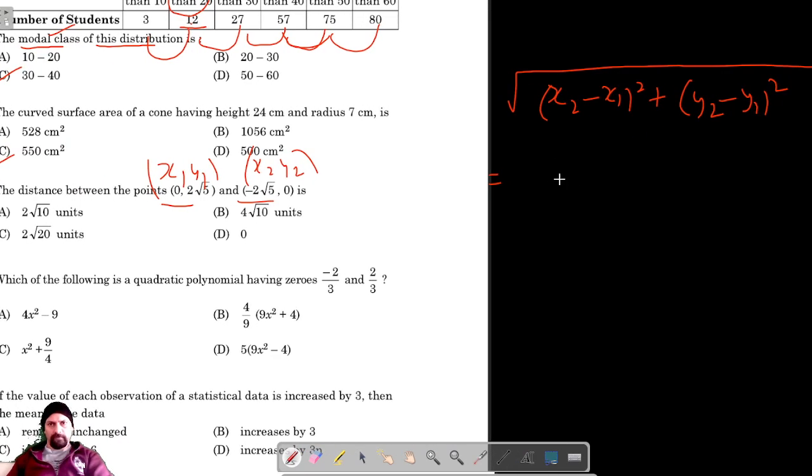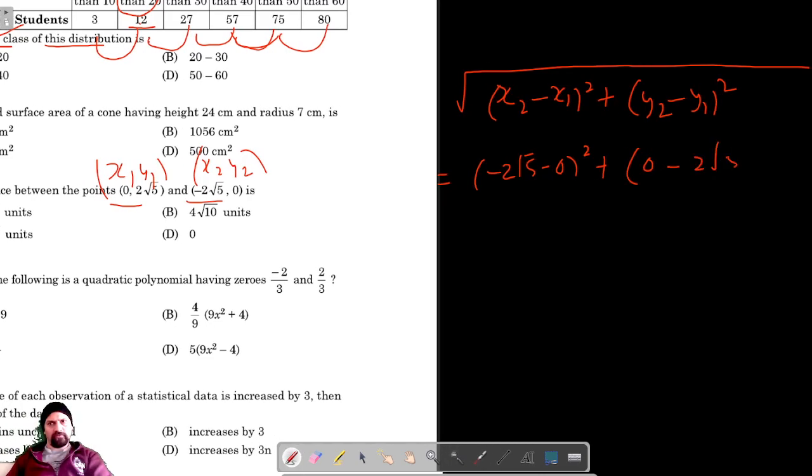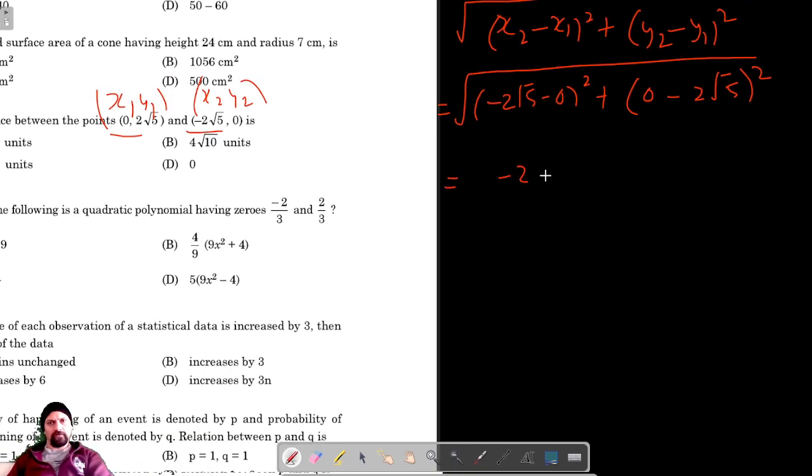So x2 minus x1 is minus 2 root 5 minus 0 the whole square, and y2 minus y1 is 0 minus 2 root 5 the whole square. This whole thing is under root. So this is minus 2 root 5 the whole square plus minus 2 root 5 the whole square.